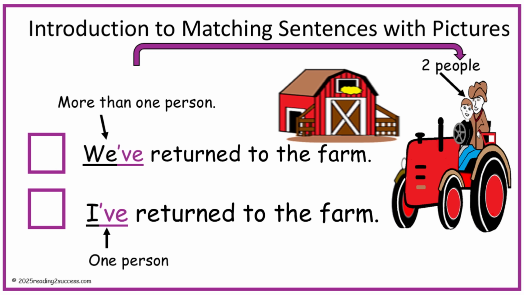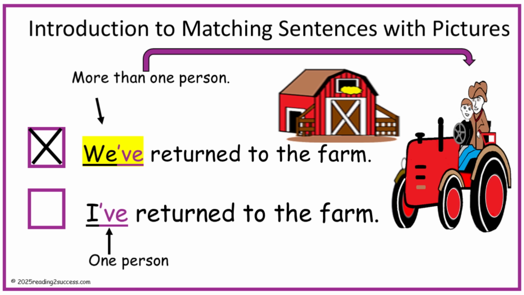Since we have in the first sentence means more than one person and there are 2 people on the tractor, making we've the correct answer. And X goes in the first box.